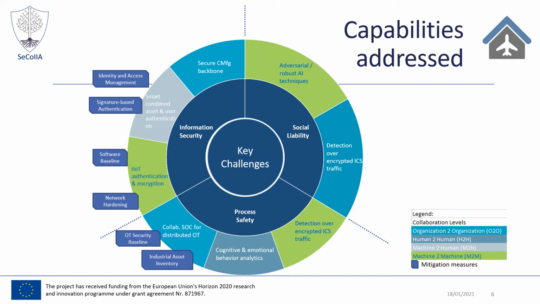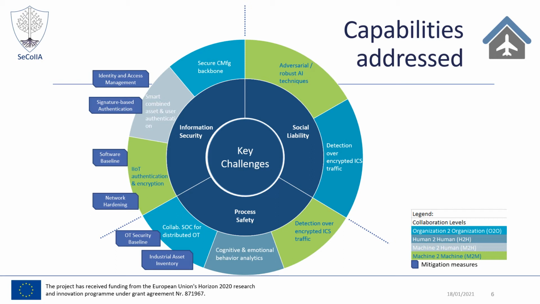So as you can see, we started with the information security side. On the smart combined asset and user authentication, we have identity and access management for the systems and for the network, and signature-based authentication for the devices when they talk with each other. Then for the IoT authentication and encryption, we thought about network hardening and a software baseline, so having an inventory to protect everything that is within the plant.